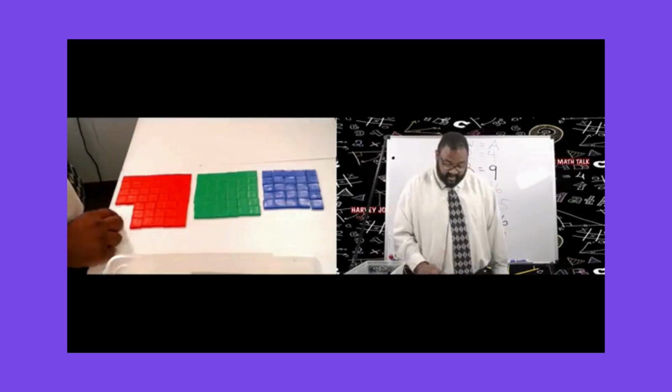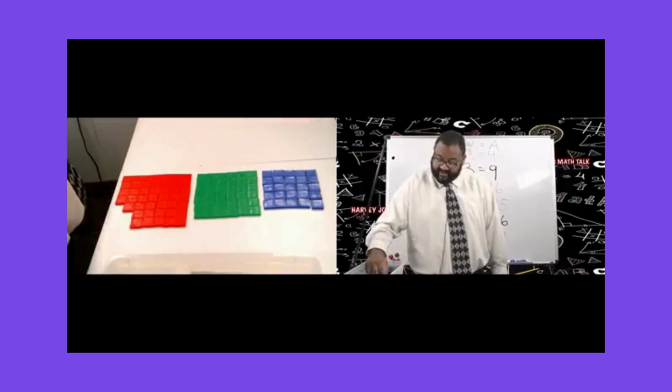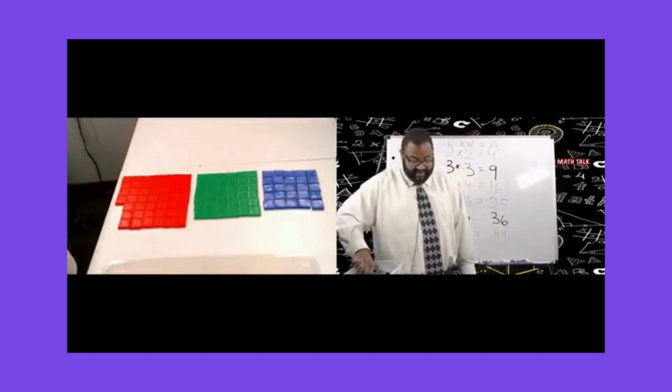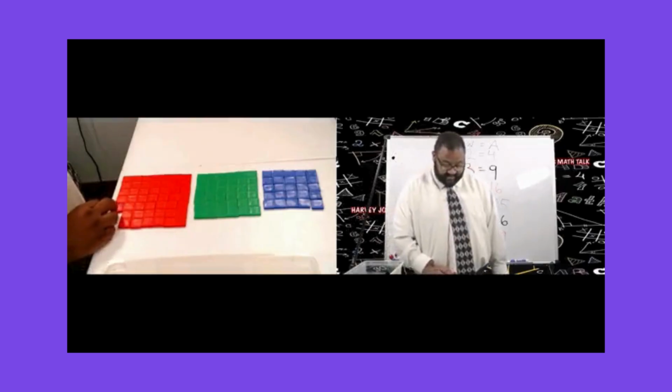All right, I'm still building right here. Right now, I'm having 49 pieces here because I'm making my array. My length and my width are going to be the same.